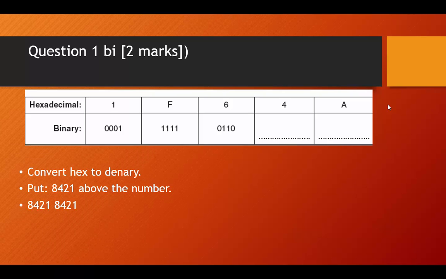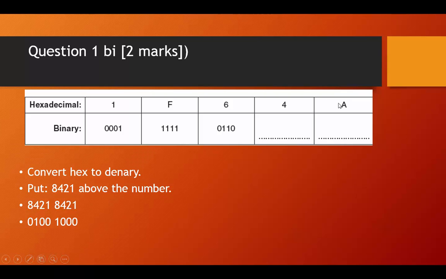So for example, I've got 2 numbers that I need to convert, 4 and A. I put 8421 above 4, so I try to make 4 using 8421. So that's going to be 0100. Why? Because the 1 is under the 4's column, so 4 is represented using 0100 in binary.